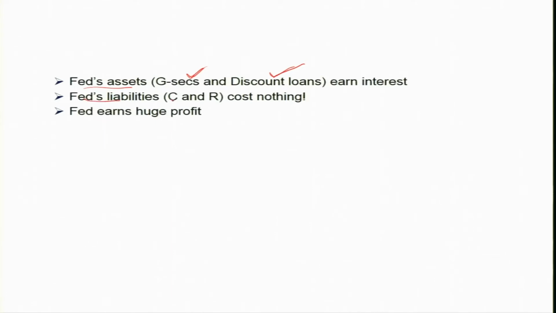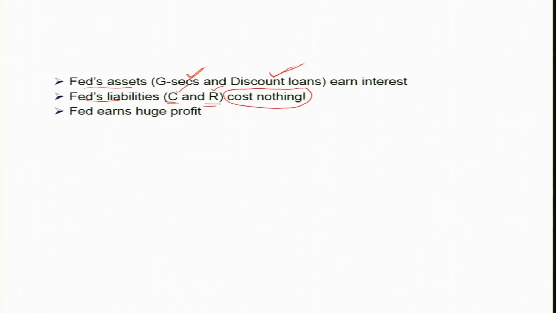The Fed's liabilities are mainly currency in circulation, that is the printing of currency, and the reserves, which are also a liability, that is money held by the banking system with the central bank as required reserve and excess reserve. So, practically it costs nothing, though there are some minting and printing costs, distribution involves some nominal cost, and maintaining reserves also involves some nominal cost.